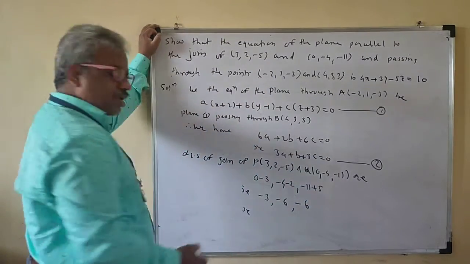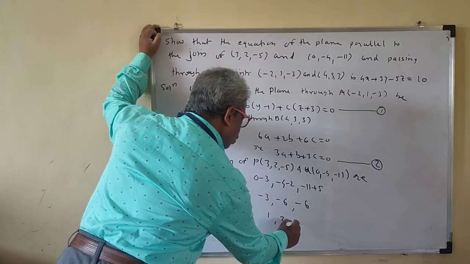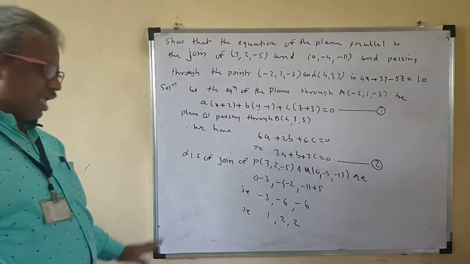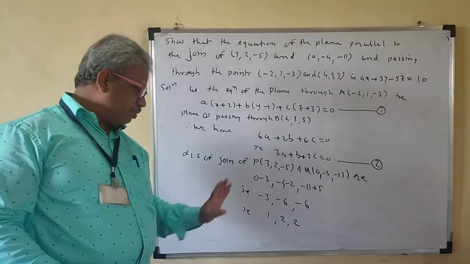You can divide by minus 3. So we get 1, 2, 2. So the DRs of the line joining PQ are 1, 2, 2. That is proportional, no problem. If it is divisible, then you can divide by this.